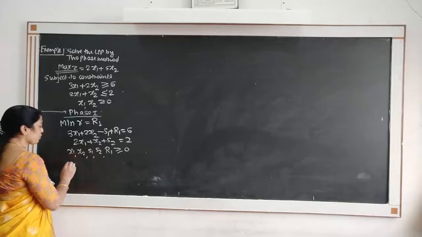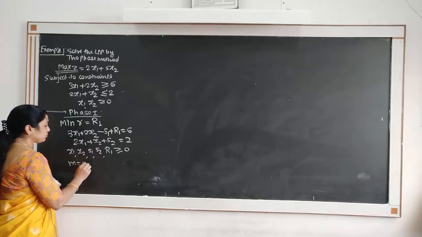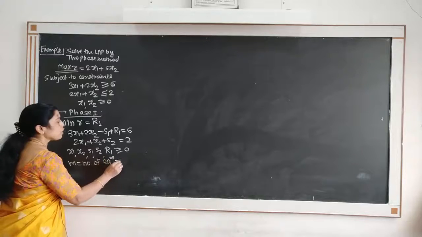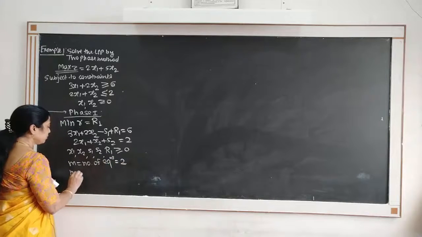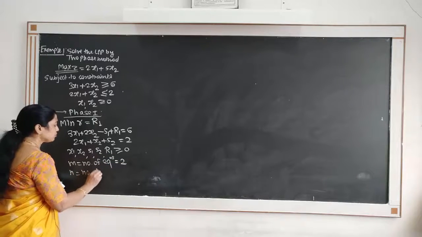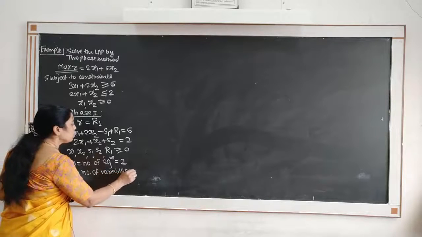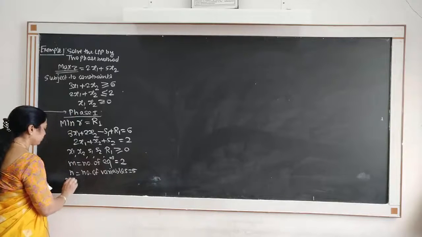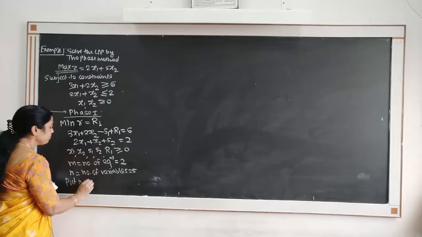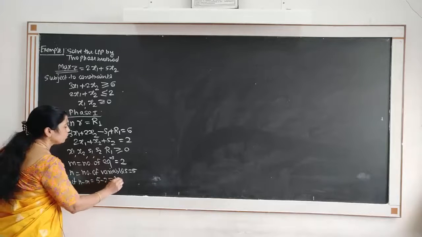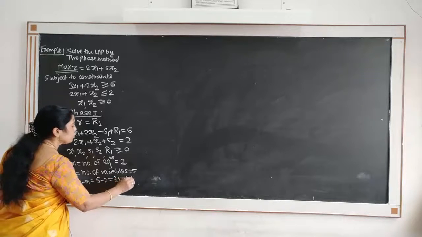Now as usual, M, that is number of equations, equal to 2, N, that is number of variables, equal to 5. So put N minus M equal to 5 minus 2 equal to 3 variables equal to 0.